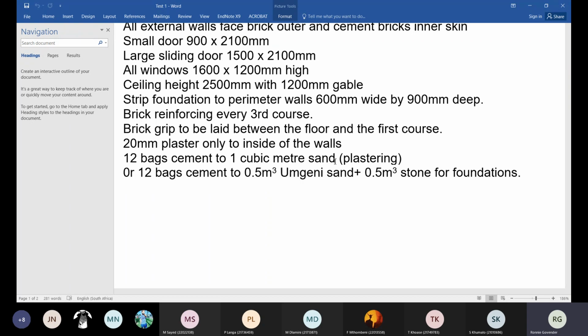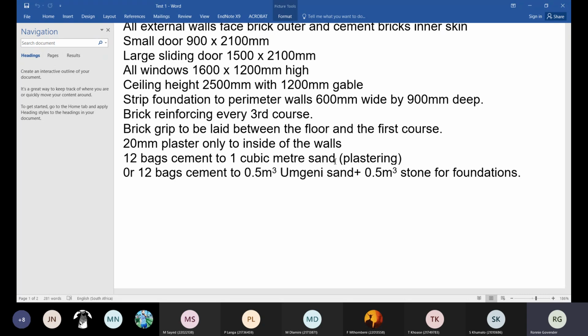You'll notice the sand and the stone are normally equivalent. So whatever quantity you got, half of it would have been sand, half of it stone, and the rest of it cement. Same story here now, let's say for argument's sake, for our foundations we calculated 18 cubic meters.